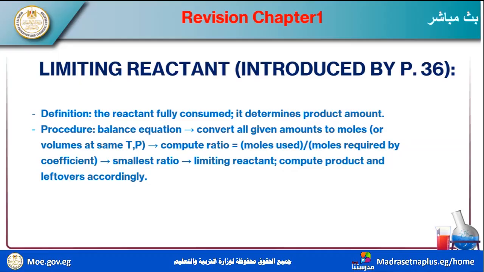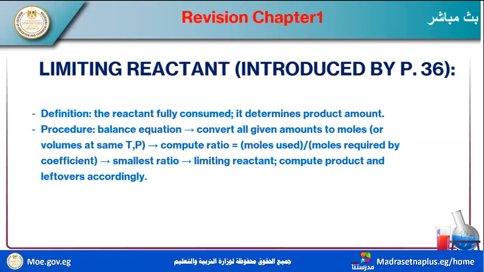Okay. Now compute the ratio: moles used over moles required by the coefficients; the smallest ratio gives the limiting reactant. Example: carbon plus oxygen produces carbon dioxide. If you have half a mole of carbon and 1 mole of oxygen, which is consumed?